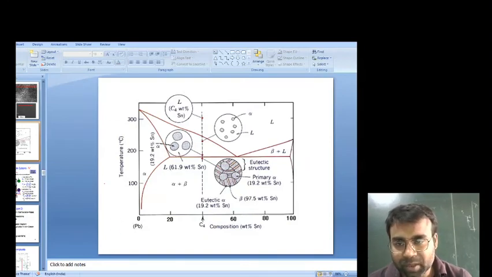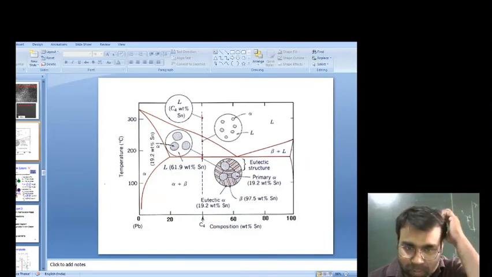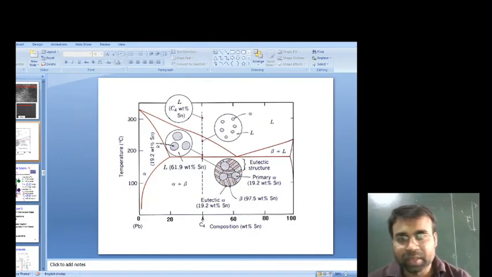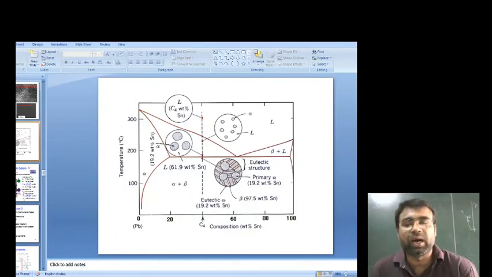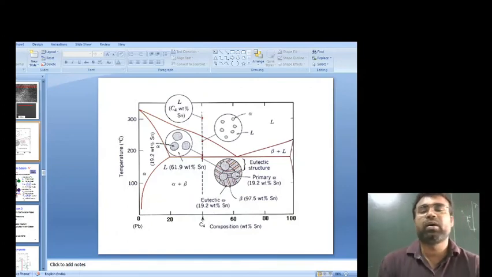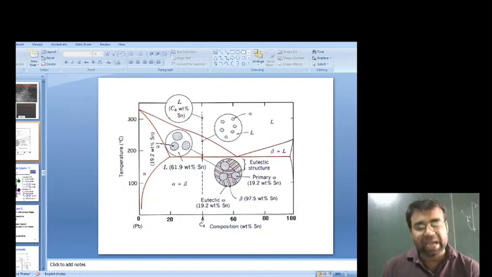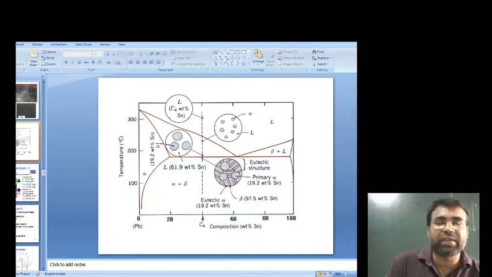reaching from this alpha plus liquid region, and that lamellar structure is defining the development of the primary and the eutectic alpha beta structure of the alloy, and on that basis we can find out the alpha phase particles.